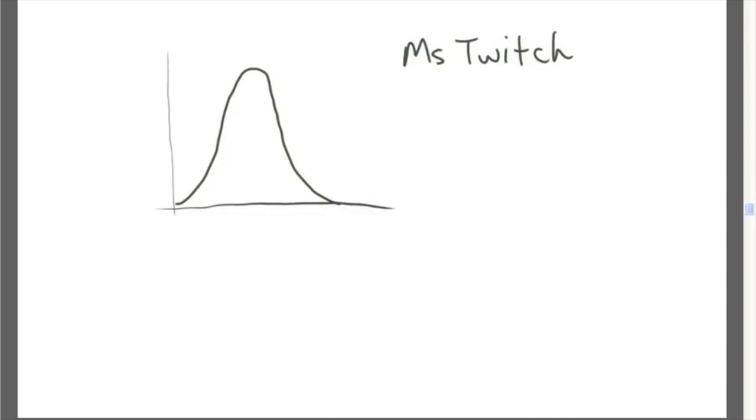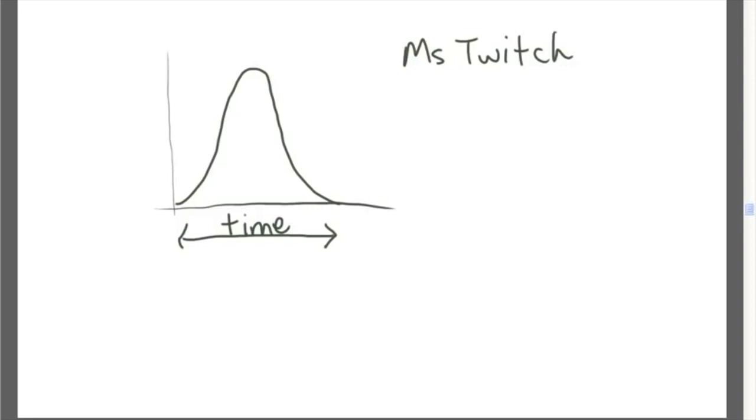When you see this, the first thing you want to know is what does this axis mean? Most of the time, that tells you how long something takes. Usually that is time. How long does this event take to occur, whatever the event is.